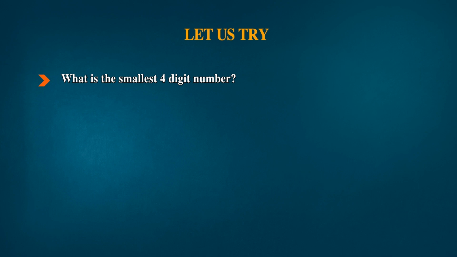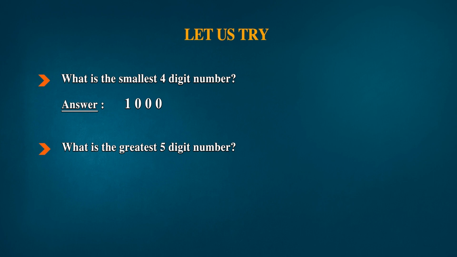Out of these, we will use the smallest digits 1 and 0 for the formation. 1 will be given the leftmost place as 0 can't be at the leftmost place, and we will repeat 0 3 times. Answer will be 1000. This is the smallest 4-digit number. Similarly, to get the smallest 5-digit number, we will write 1 at the leftmost place and repeat 0 4 times.